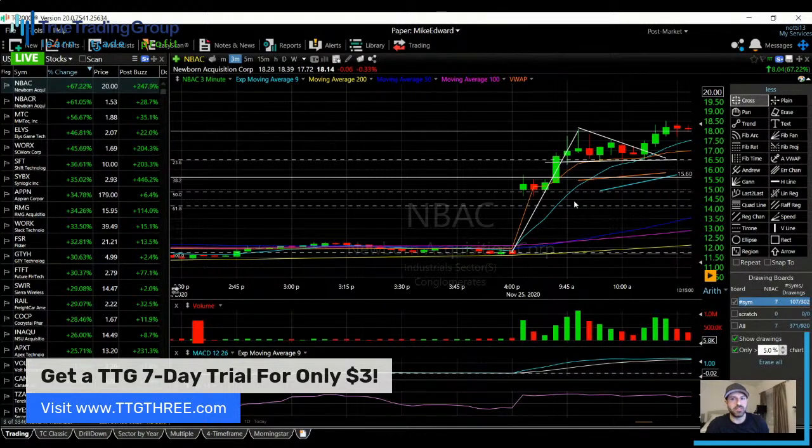Right there, 1550 area. Why? Because now I have the 38.2 Fibonacci level that lines up with the initial morning high, and I've got my VWAP indicator, and I've got my trade line indicator. Now I've got 4 indicators all converging on the 1550, 1560 area.